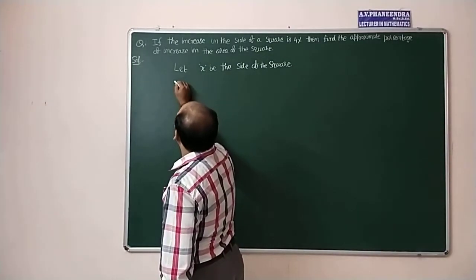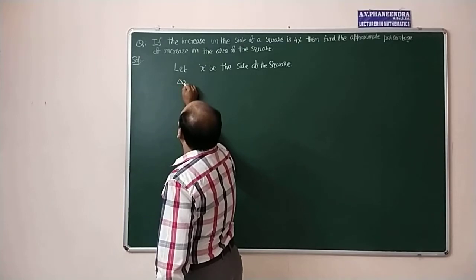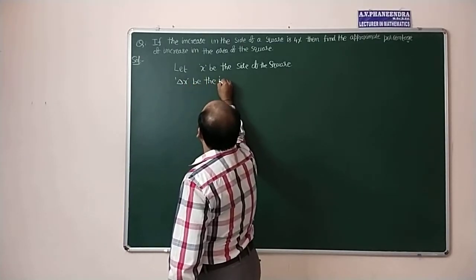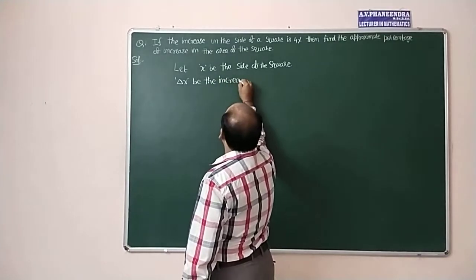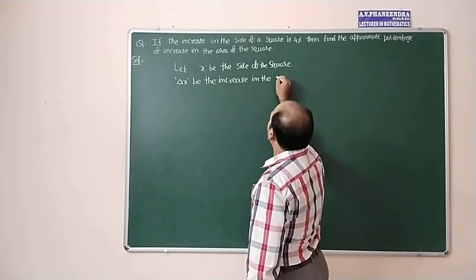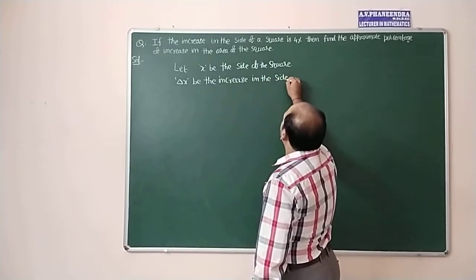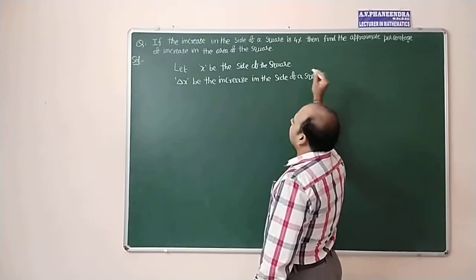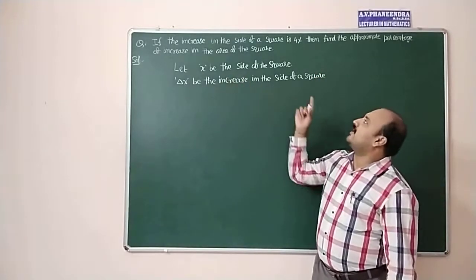Let delta x be the increase in the side of a square. Delta x value is given as what?